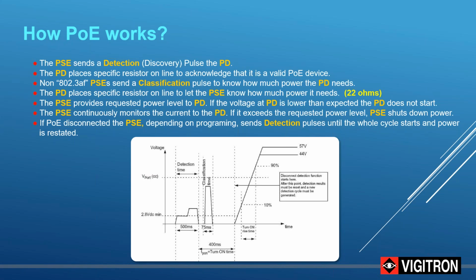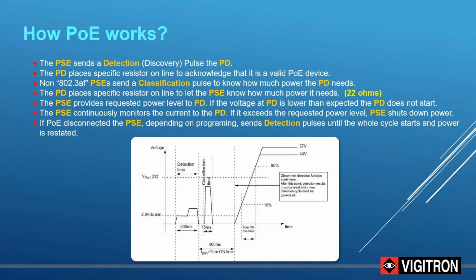And that detection time determines whether or not it has a valid connection. If it doesn't see a valid connection, the port shuts down its power. If it sees more power than the port is able to produce, it shuts down, thinking that it's in a short condition. So timing, the amount of power, and the amount of time it takes to process this all becomes important in establishing a good PoE connection.